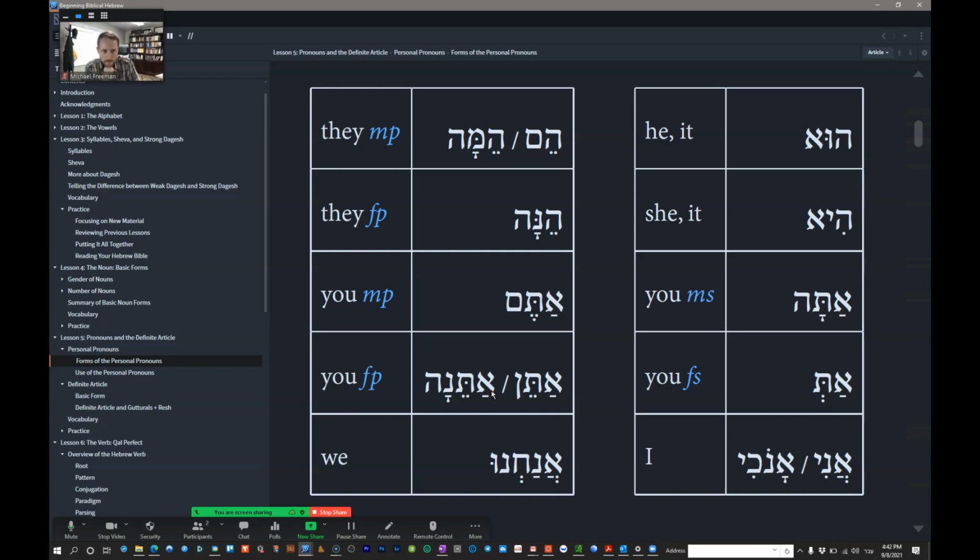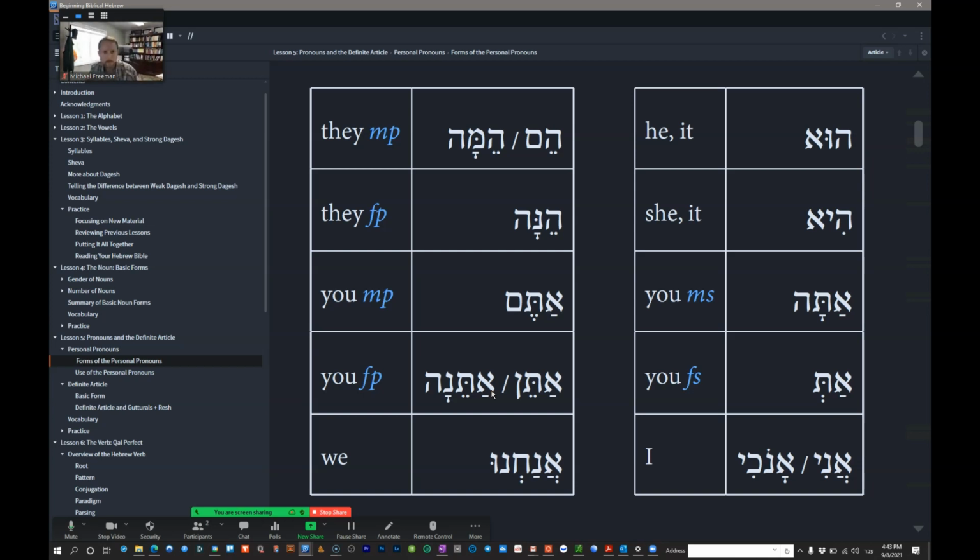In English, when we speak about completed action, we're usually using the past tense. So he ate, he ran. The action is done, it's completed, it's finished. Therefore, you can think of the Qal perfect pattern as the simple past tense: he ate, he ran, he lived, that sort of thing.